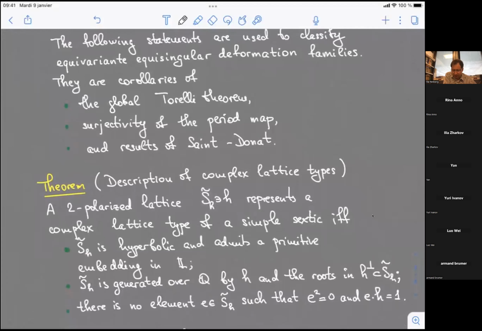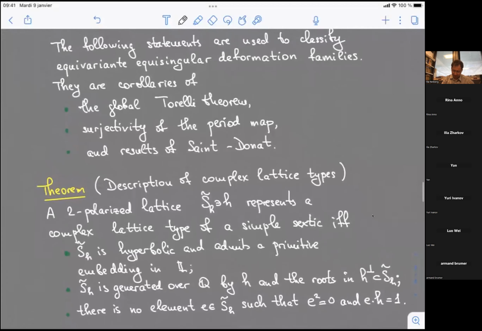And so that's why I'm saying that the description is not very explicit, because if you have given a two polarized lattice, you should somehow check whether it admits a primitive embedding or not in L. So in the K3 lattice. So this can be done, but it requires some work.